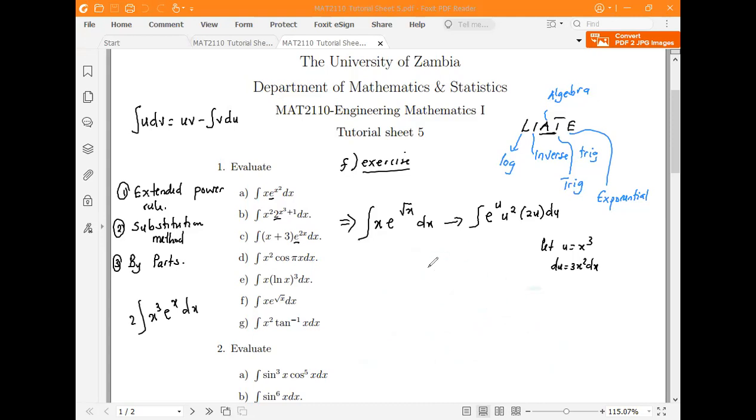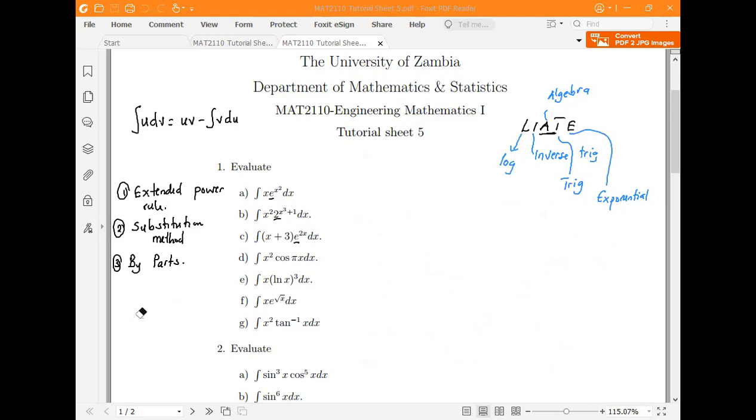So now we go to G. What's on G? So G is the integral of x² tan inverse of x. Yes. Let's go back to LIATE. LIATE is saying log, inverse trig. Okay, the inverse trig, and we have it here.